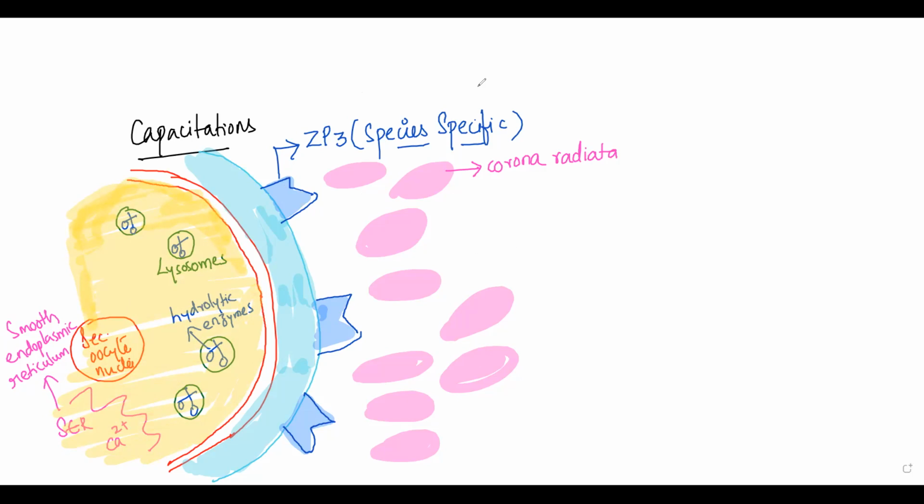And I even told you that here you're going to have some of the connective tissue which is holding these granulosa cells. And this is also going to have an acid which is being called hyaluronic acid, okay, in between this.